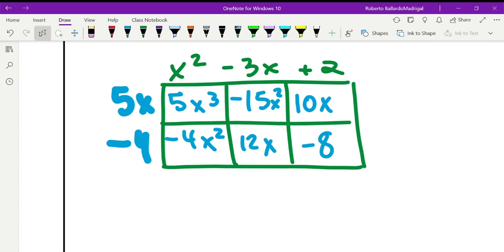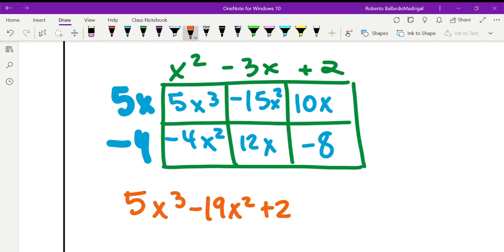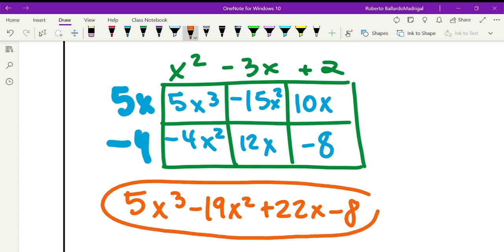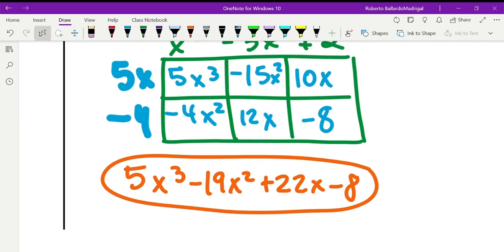Yes. Go ahead. I got 5x cubed minus 15x squared plus 22x minus 8. Give me a thumbs up if you got this same solution. All right. Very good. That is correct.